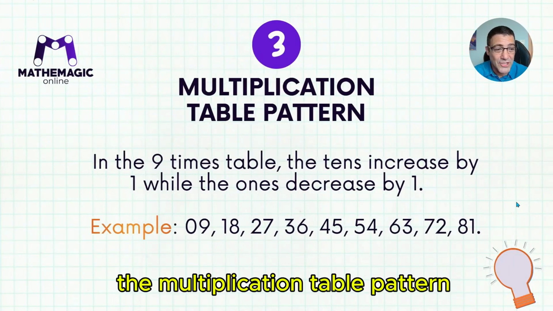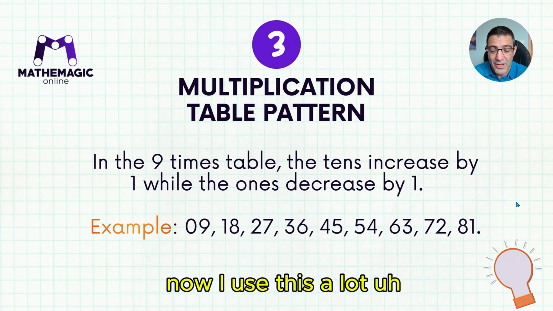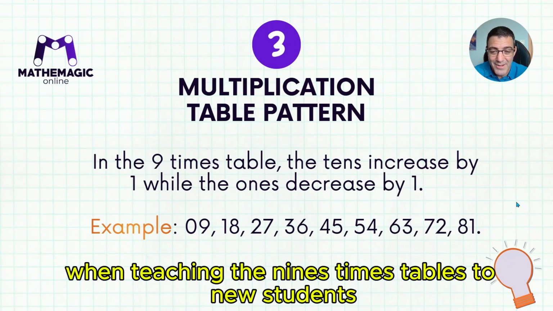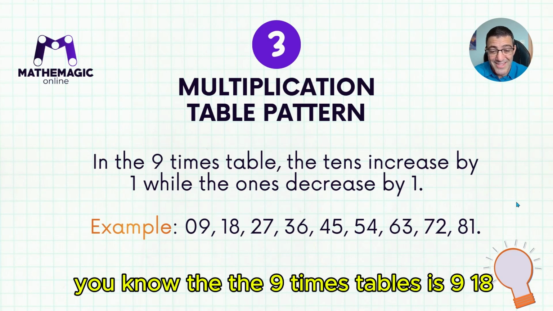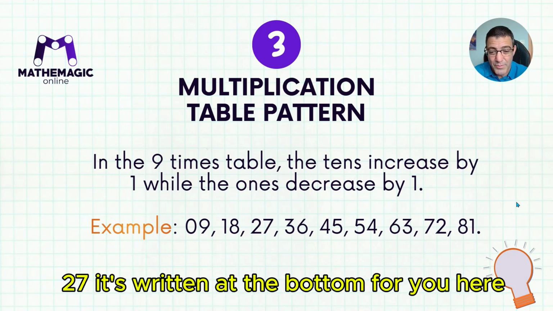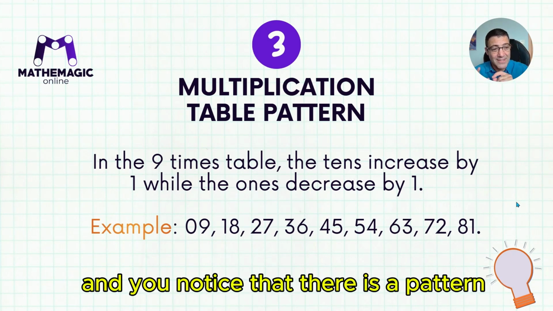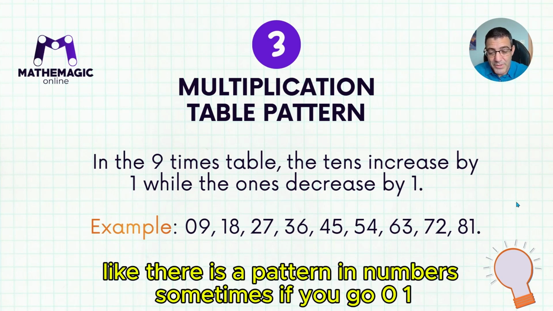The multiplication table pattern. Now, I use this a lot when teaching the 9's times tables to new students or to my children. So for example, the 9's times tables is 9, 18, 27. It's written at the bottom for you here. And you notice that there is a pattern, like there is a pattern in numbers sometimes.